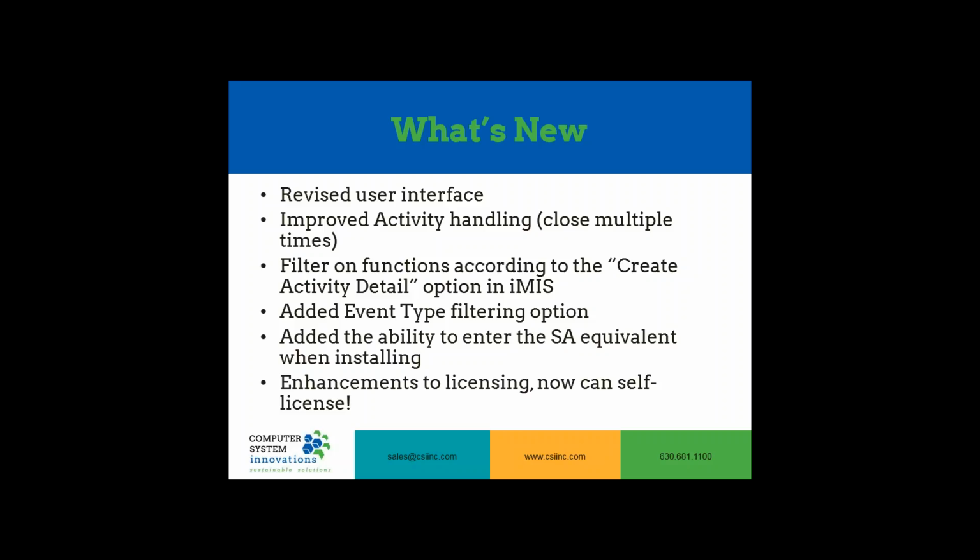Another cool thing we've done is our product now self-licenses. What that means is when you go to install the new version of Meeting Closer Monday morning in Sydney or Melbourne, and nobody is here at CSI and you lost your license key, that's okay. It's going to call back to CSI, confirm that you're licensed for the product, and automatically license you.